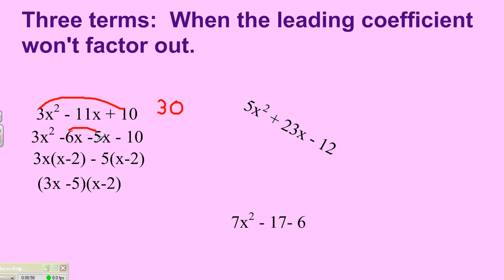So we have our 11 x's, but you notice 6 times 5 is 30, not 10. And then if you follow it backwards, you'll see why that works. So instead of just going for the 10, if you have a coefficient on x squared that is not 1, then you have to take the product of the leading coefficient and the constant to factor.